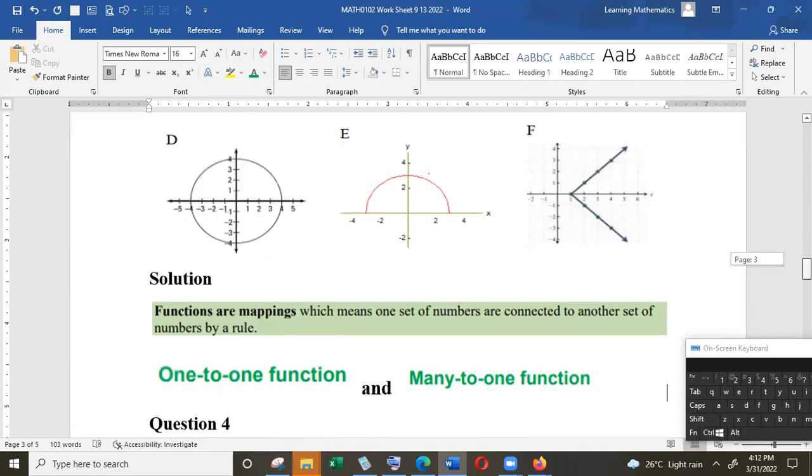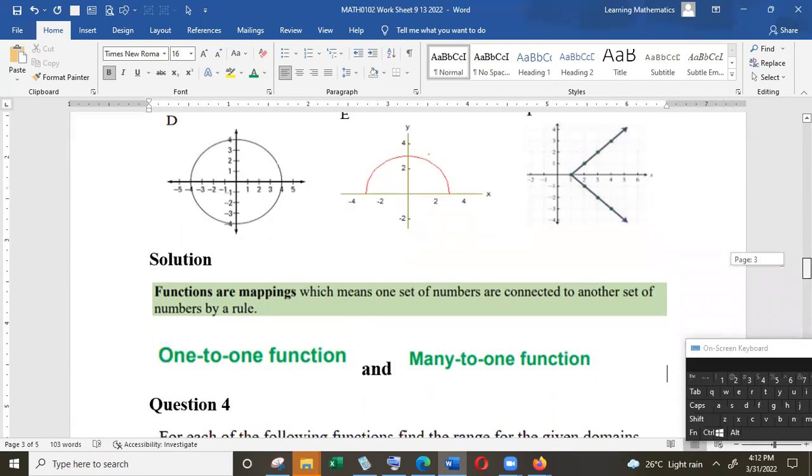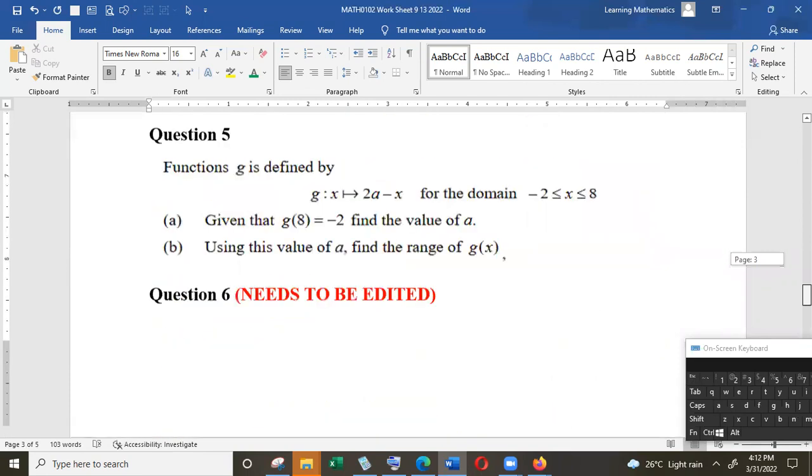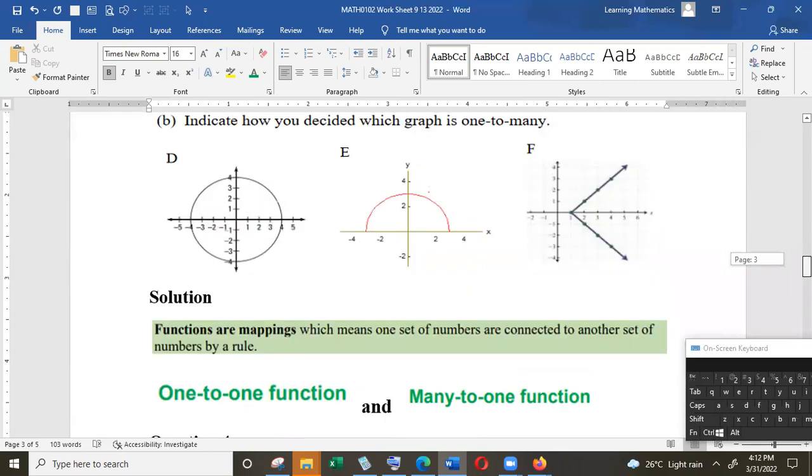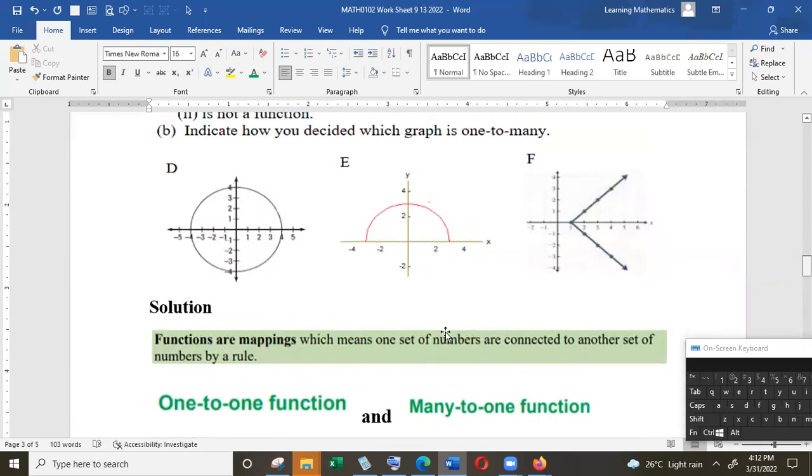So let's look at the first, let's look at D. Remember the x-axis is the domain and the y-axis is the range.